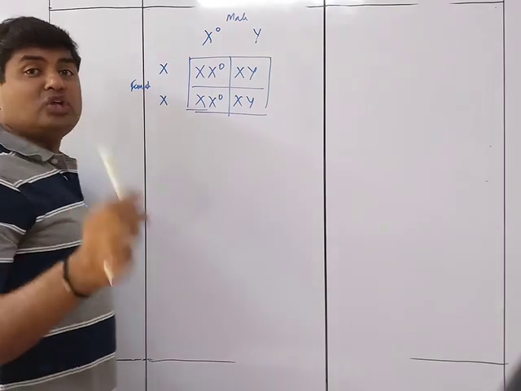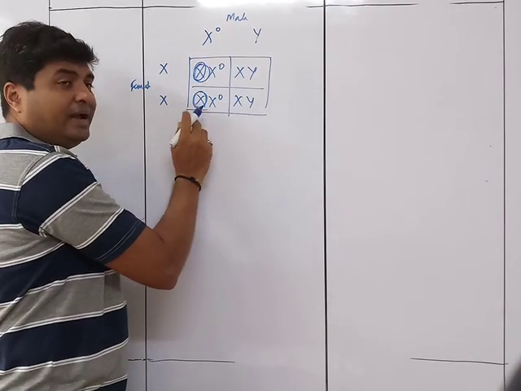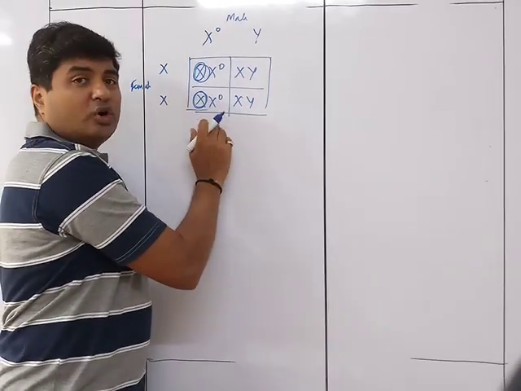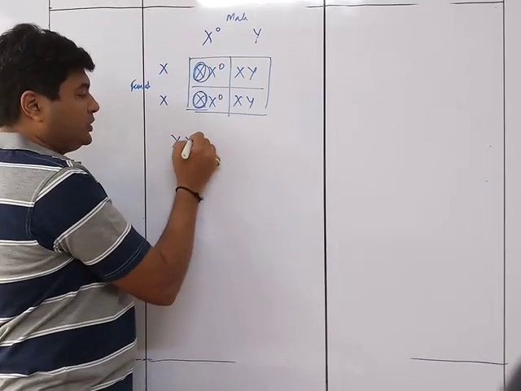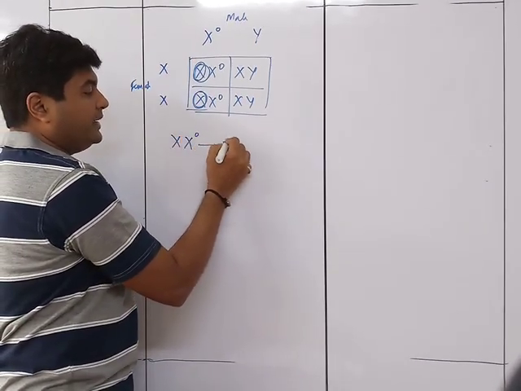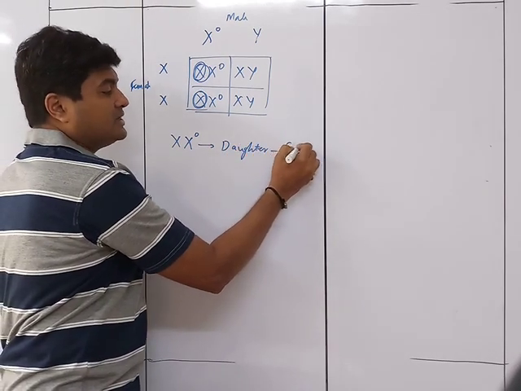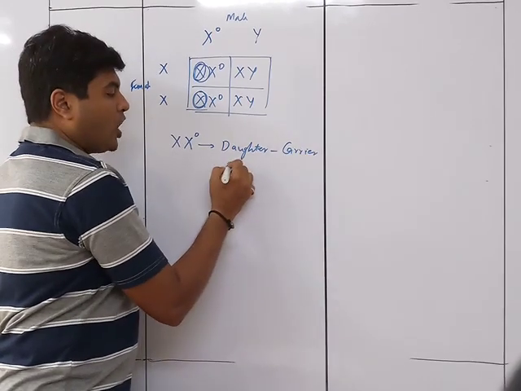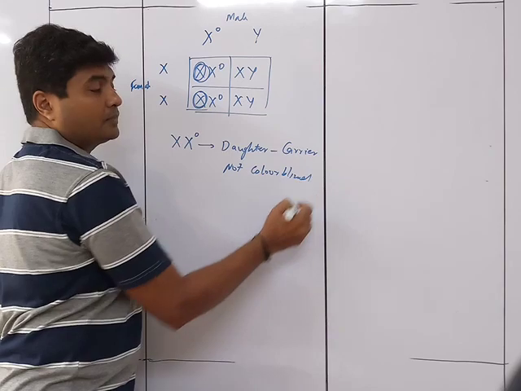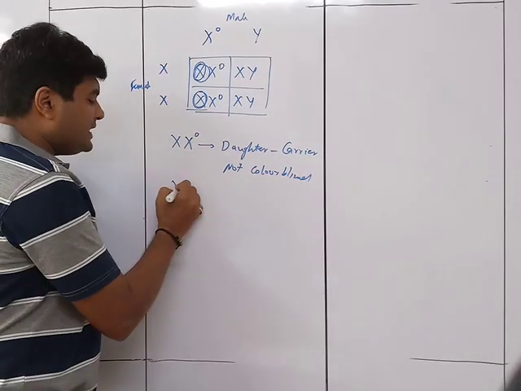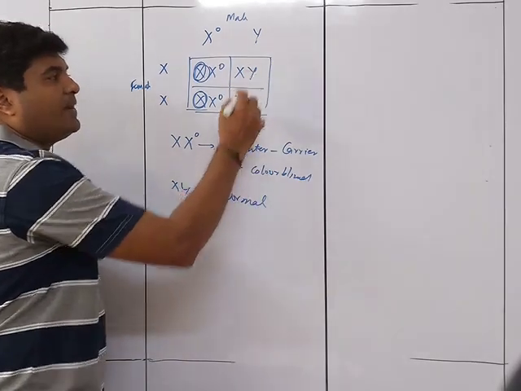No. She is not colorblind, because the good X is going to superimpose on the bad X. So the daughters are carriers but not colorblind. And the males, the XY, are normal. They are not colorblind.